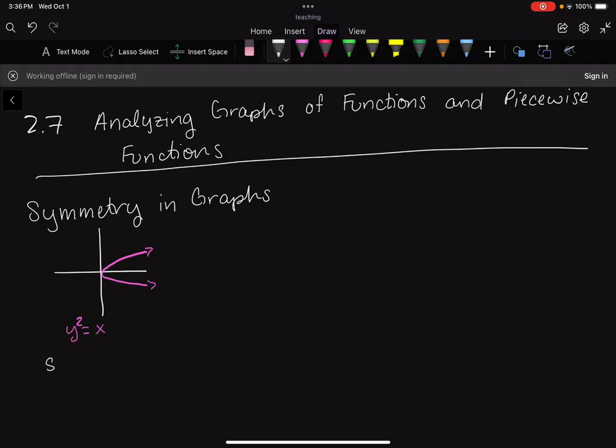And so this is symmetrical with respect to the x-axis. Meaning if you split it down where the x-axis travels, on either side of the x-axis, you have some symmetry, like it's symmetrical.